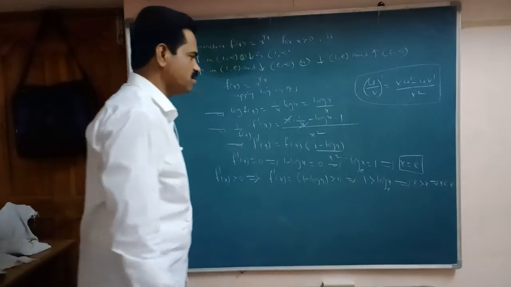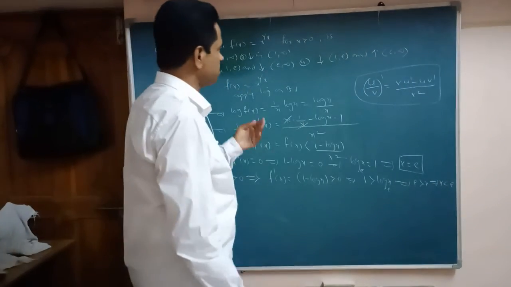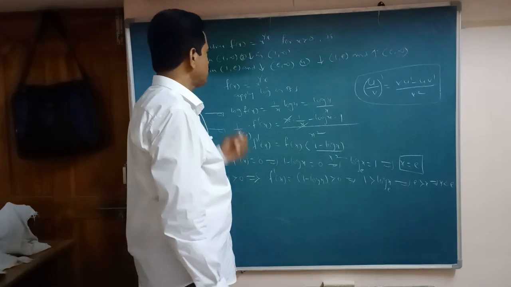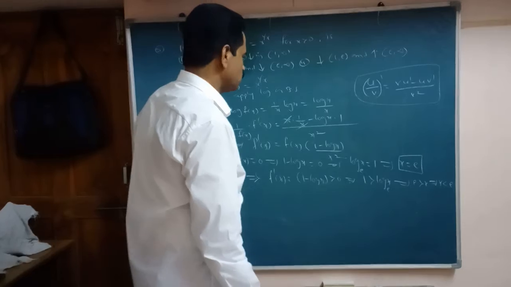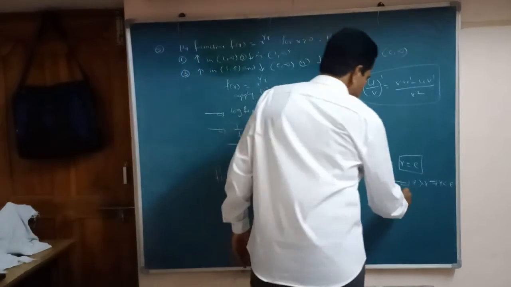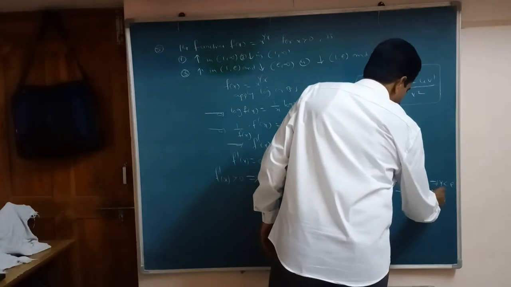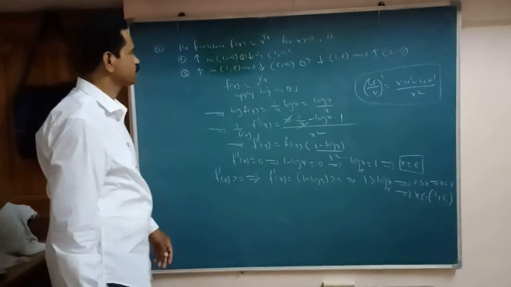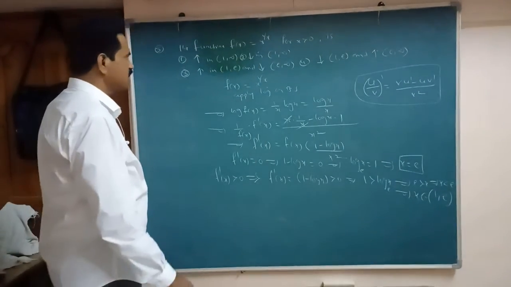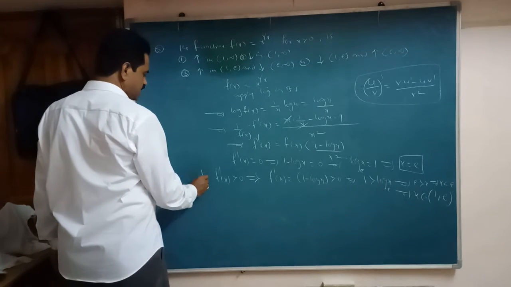So e is maximum, x is minimum. Minimum is minus infinity, but log takes positive values only, so log 1 only you take here. That is x belongs to 1 comma e. In this interval it is increasing.